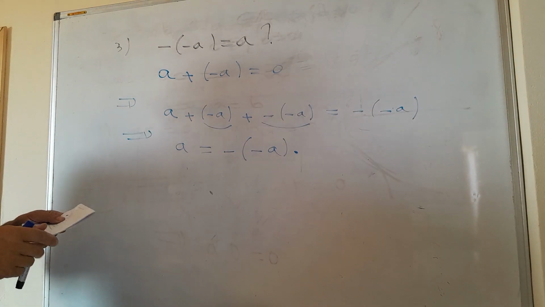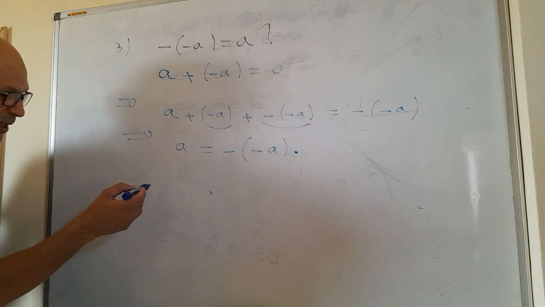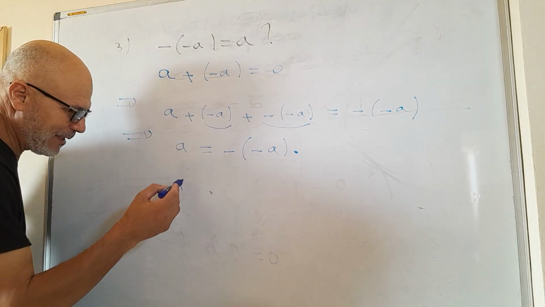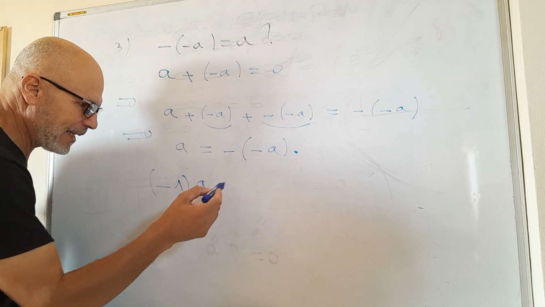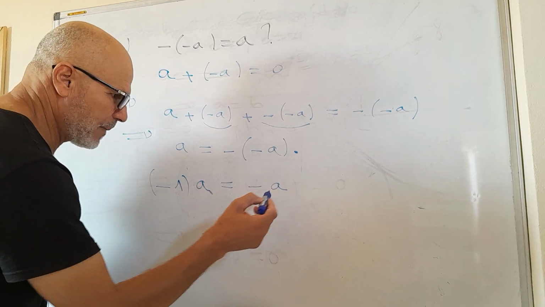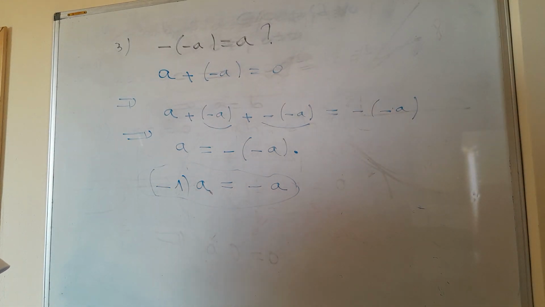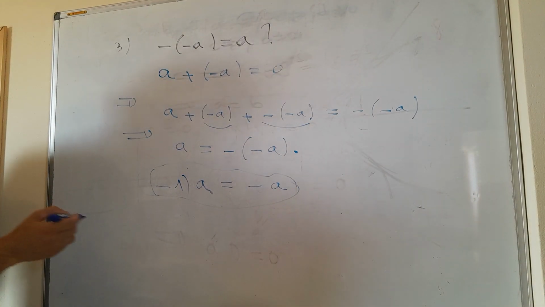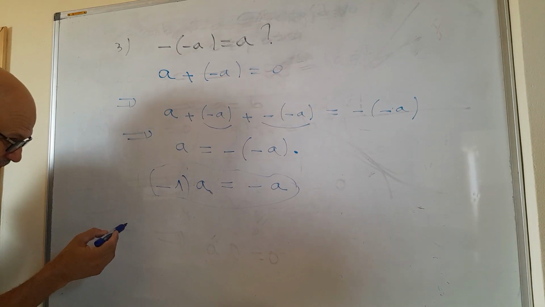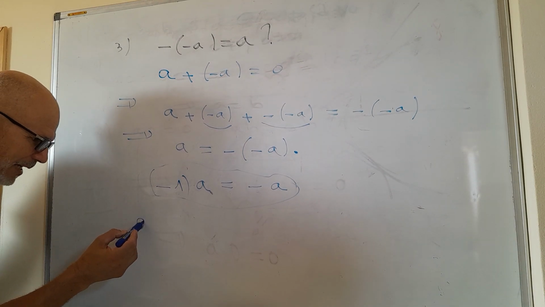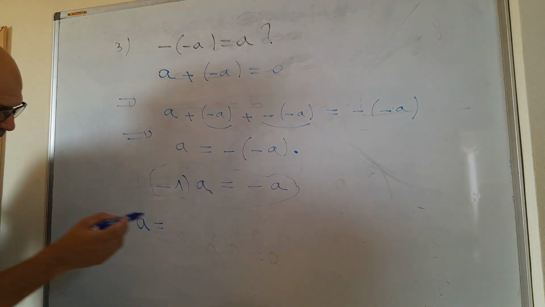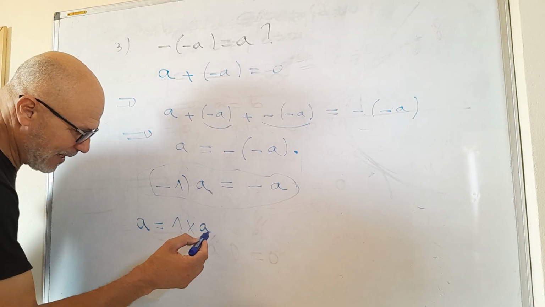For the next question, how can we prove that minus a is equal to minus 1 times a? What we can do: we have a, this is equal to 1 times a.